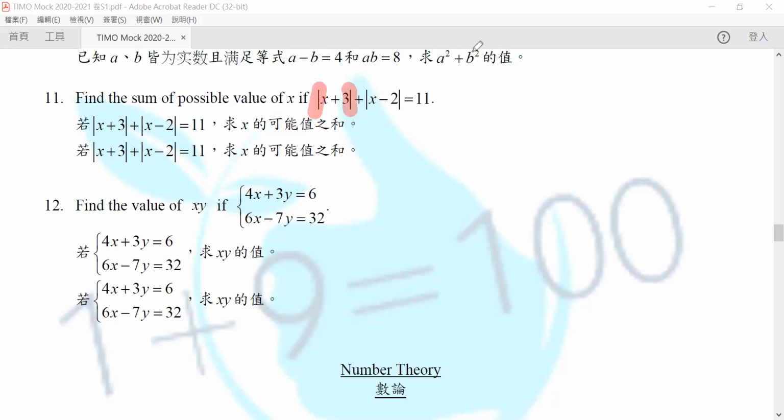It simply means that if we take the absolute value of whatever number you have within, if this is greater than 0, then it would be equal to x itself.